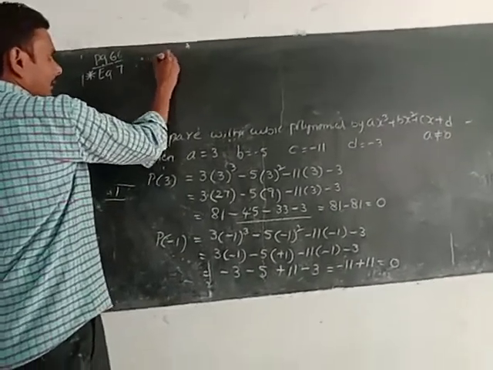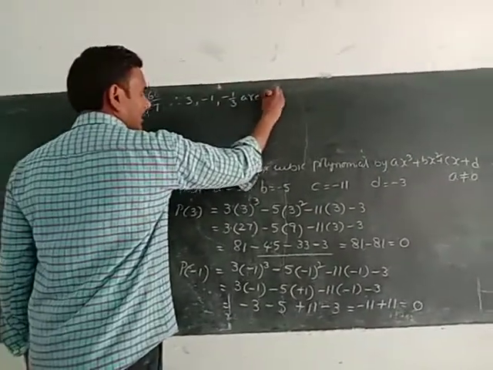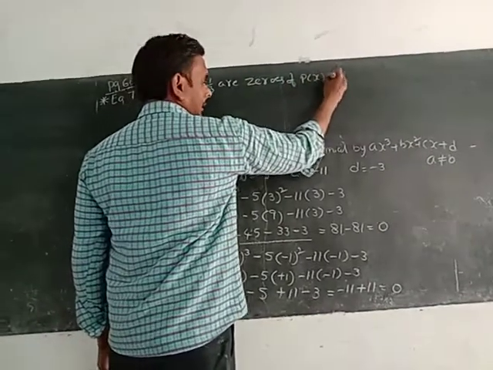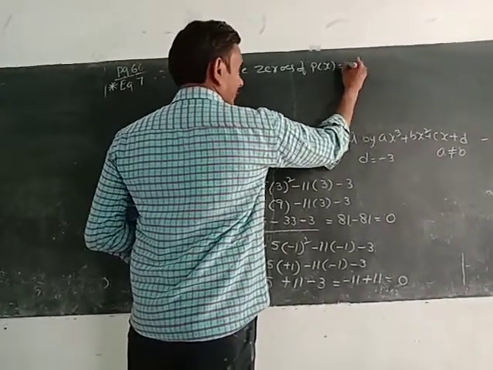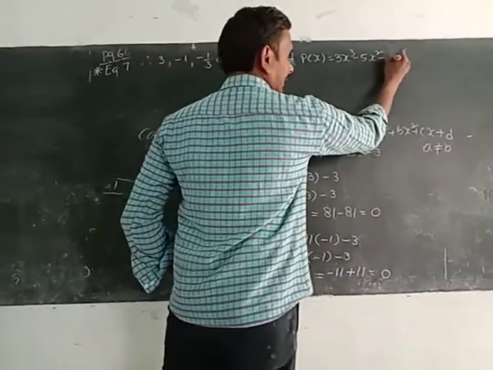Therefore, 3 comma minus 1 comma minus 1 by 3 are zeros of p of x equal to 3x cube minus 5x square minus 11x.